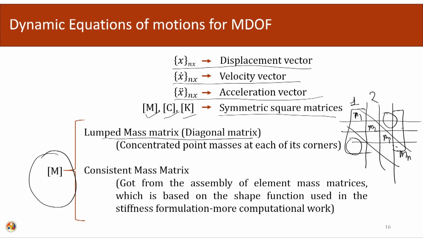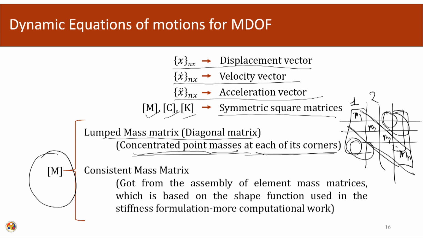So, there will be Mn masses. Only the diagonal terms will be present, the cross diagonal terms will be 0 out here. So, in this approach we are using a concentrated point mass at each of its corners. At each of the chosen degrees of freedom we are putting a concentrated point mass.